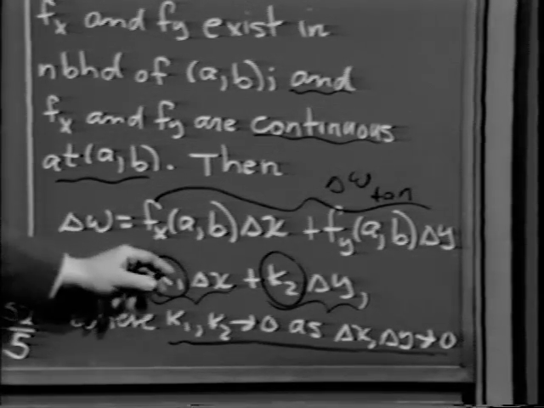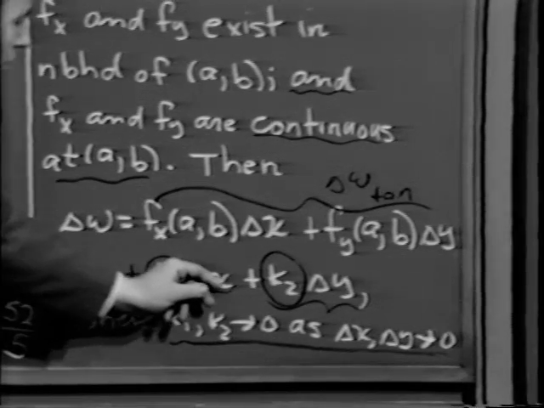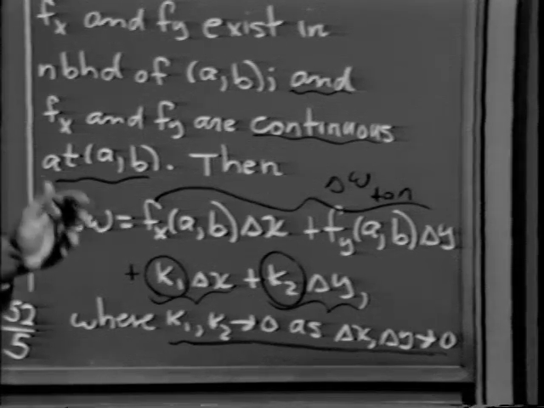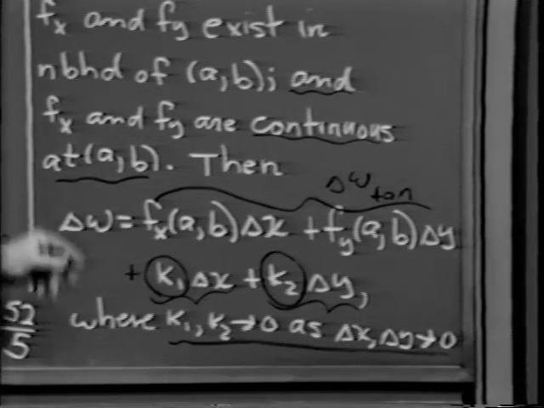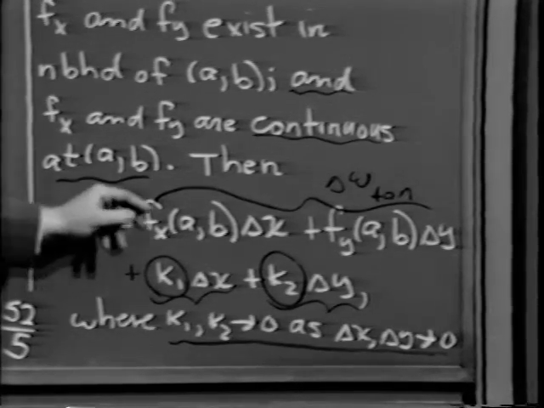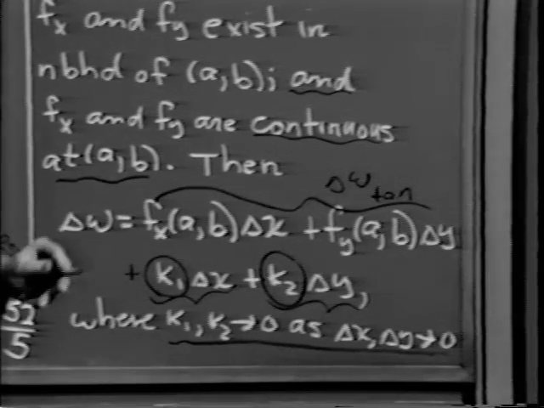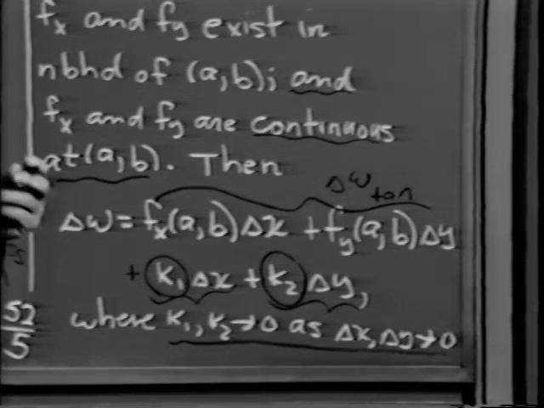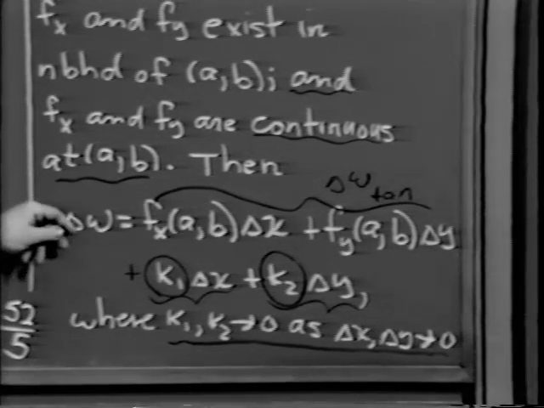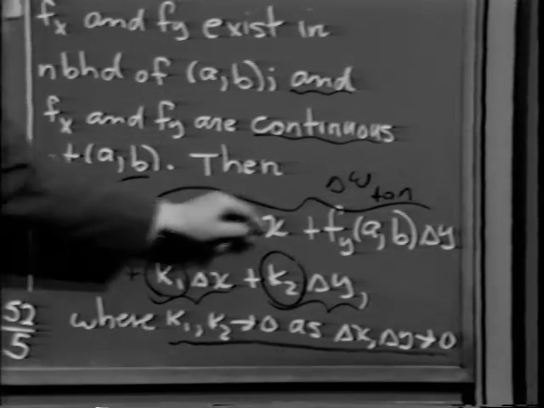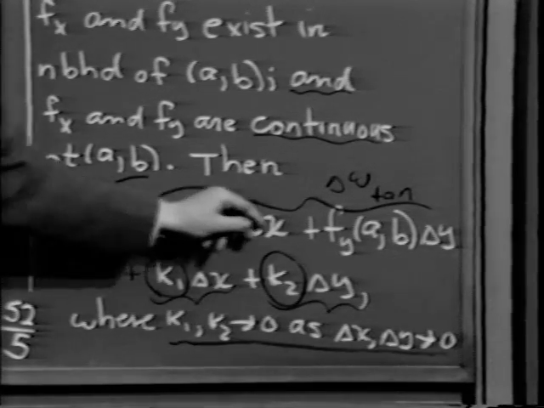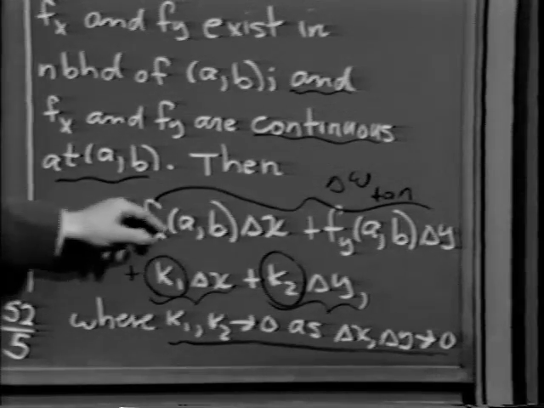And what this really says is, for very small values of delta x and delta y, even when you're dealing with 0 over 0 forms, if you pick a sufficiently small neighborhood of the point (a, b), and that's the key point, then delta W is approximately equal to delta W tan. And by the way, this holds also in several variables.